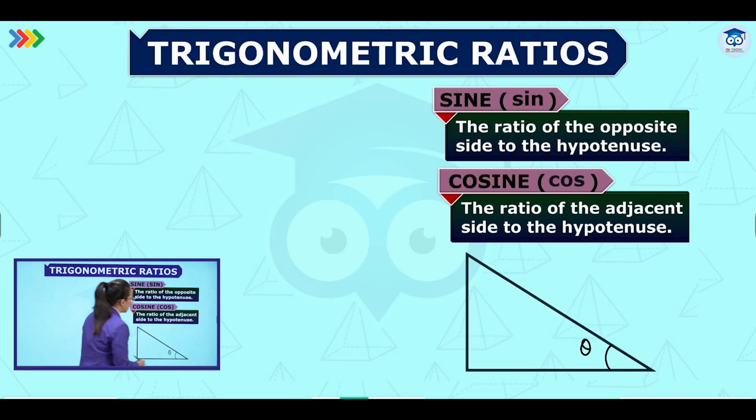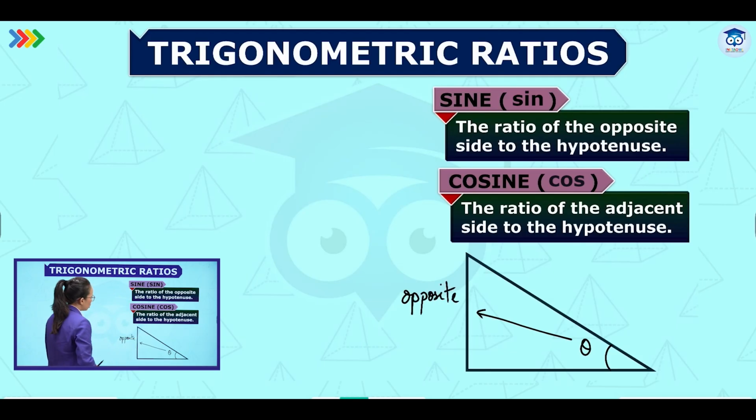Let's call it theta. The side opposite to this angle becomes the opposite. If we are considering this angle, then this side opposite to it becomes the opposite of that particular angle.